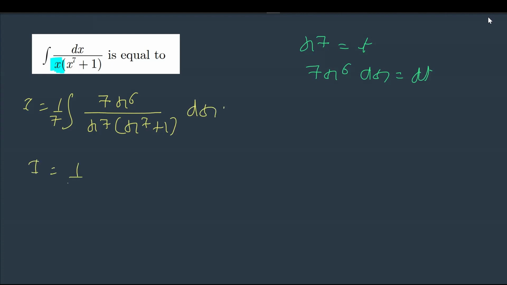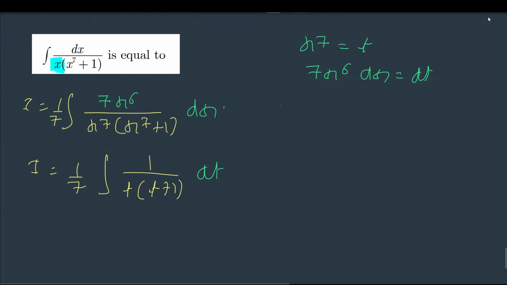This is 1 over 7. Can I replace this whole thing with dt? That should become dt, and below you can see this is t multiplied by t plus 1.